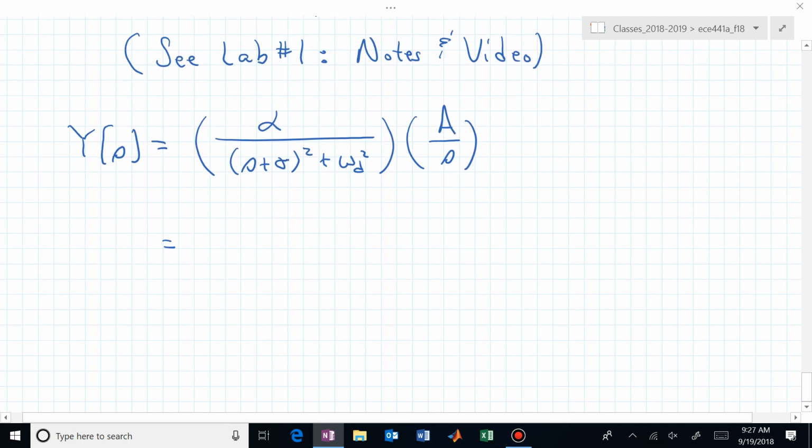And now we can just start walking through some of this and trying to find out how we find the time domain expression in terms of these frequency domain parameterized versions for the output Y of s. We now have A times alpha over s squared plus 2 sigma s plus sigma squared plus omega sub d squared.